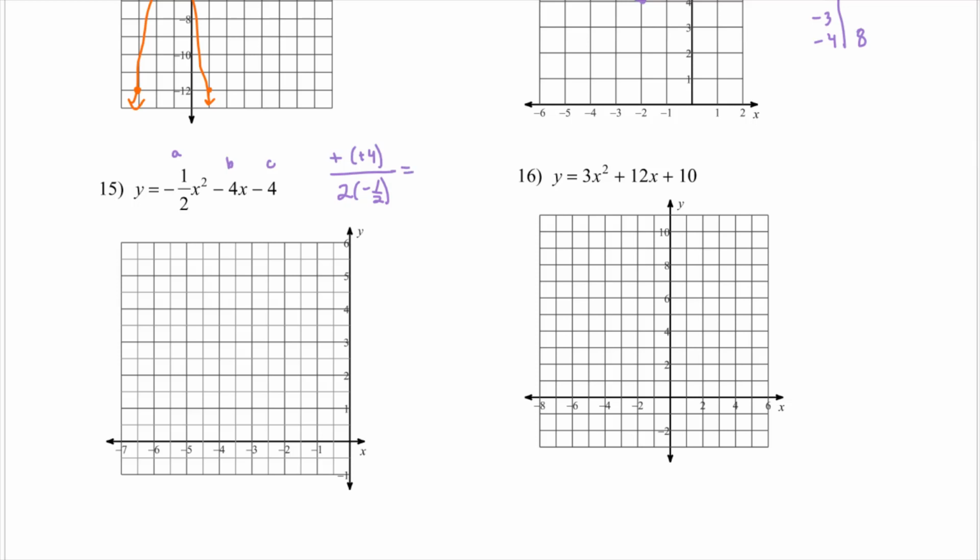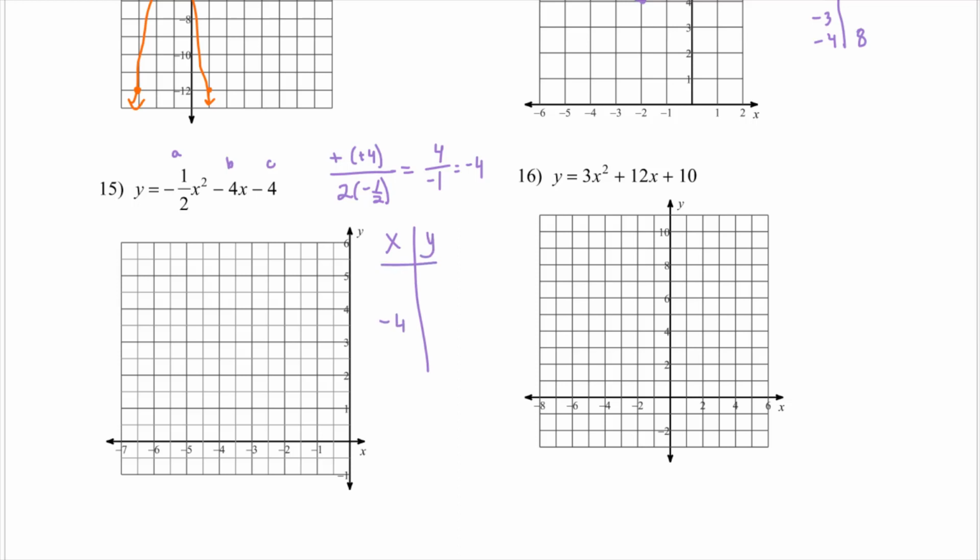On bottom, we want to do 2 times 1/2, which is 1. So if you have 2 1/2s, you have a whole, basically, is what that's saying. So since it's a negative, we'd put -1, and 4 divided by -1 is -4. So that's the middle number in our table of values.